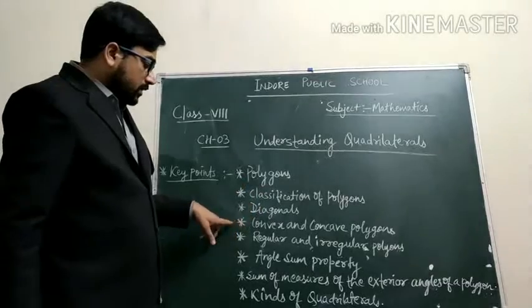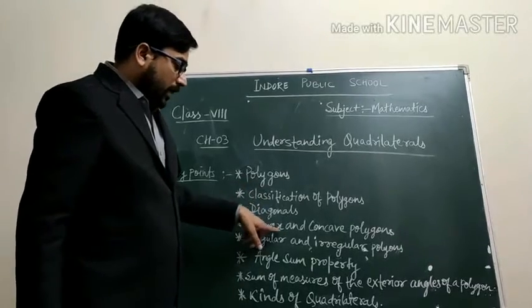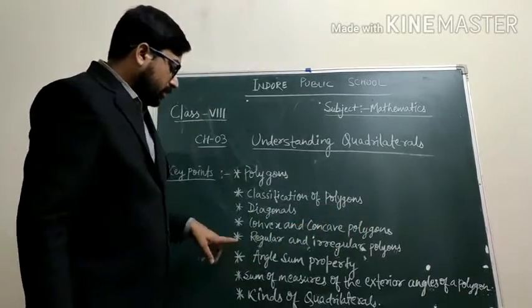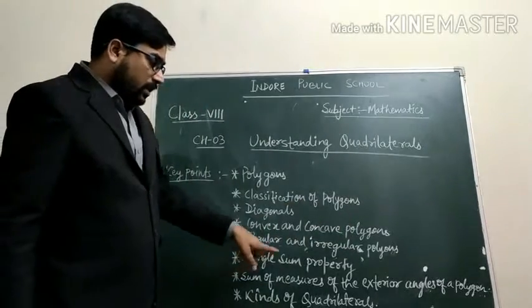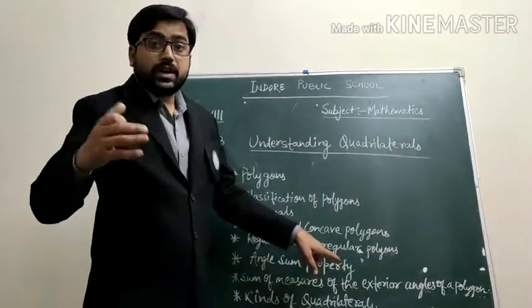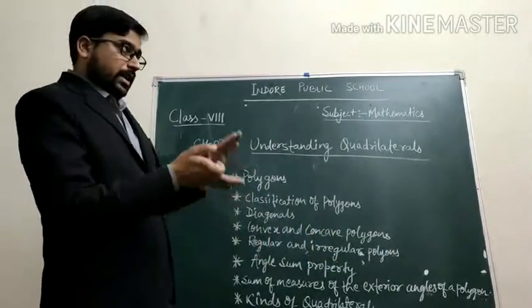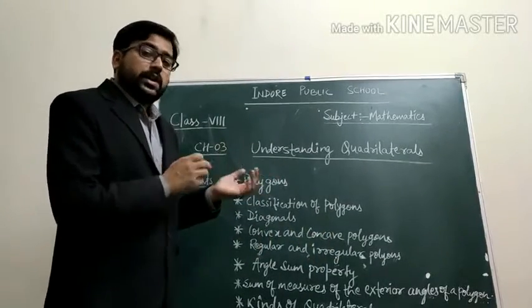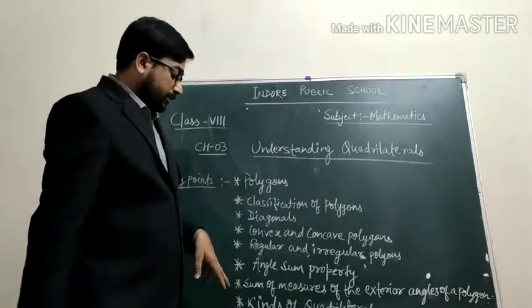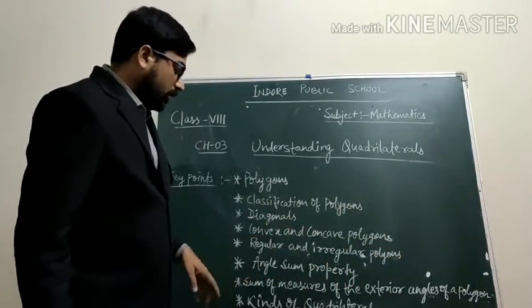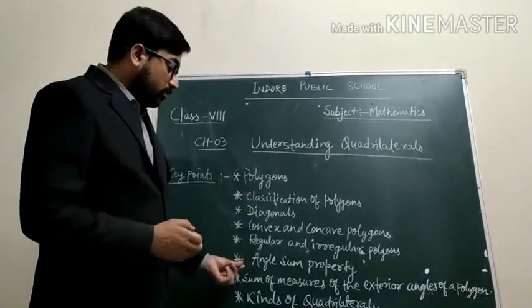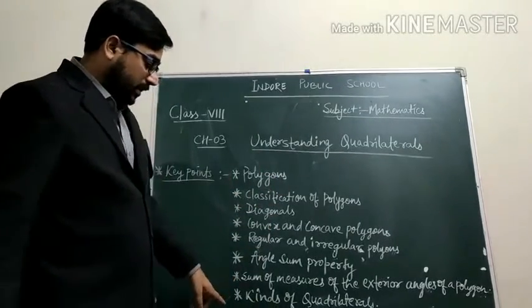What are diagonals? Convex and concave polygons, regular and irregular polygons, angle sum property of quadrilaterals. Angle sum property of a triangle we already studied in class 7. Sum of the measures of the exterior angles of a polygon: how will we find the sum of the exterior angles of any polygon?